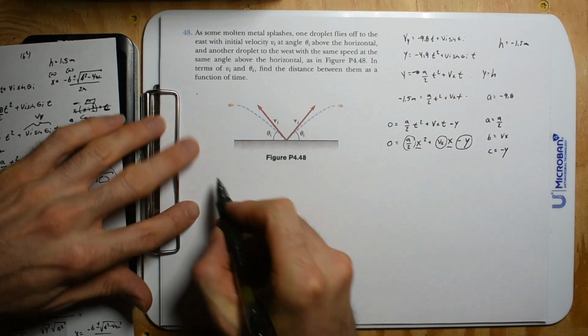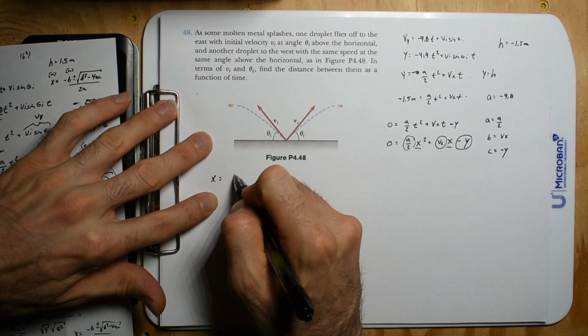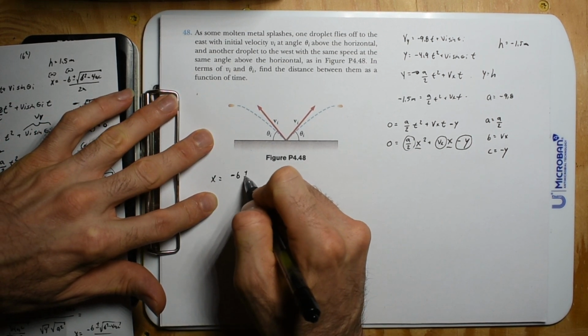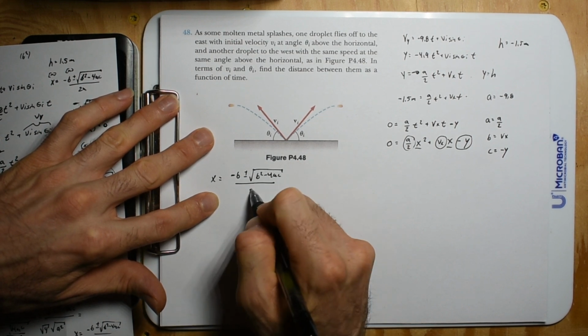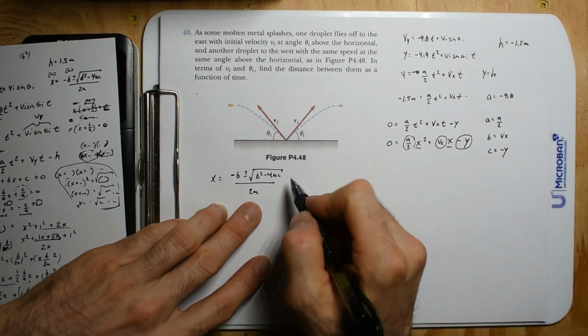If I just wanted to use the classic x is equal to negative b plus or minus the square root of b squared minus 4ac divided by 2a, I could just throw those terms in there.